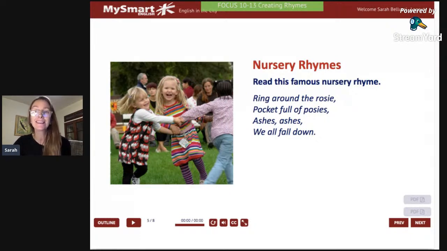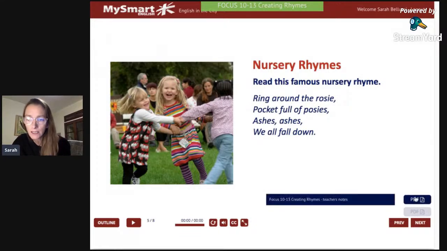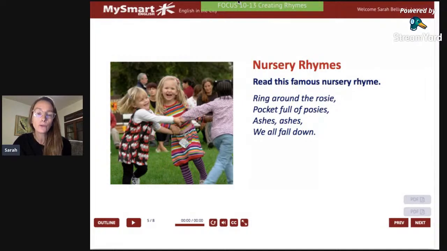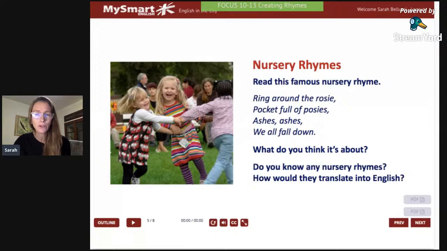In fact, what we are going to do now is there is in this focus activity here a resource, okay? So I am going to put the resource up on the screen here. And it's basically the history, the origin, I should say, of this particular nursery rhyme. But before I do that, do you know what the origin is?